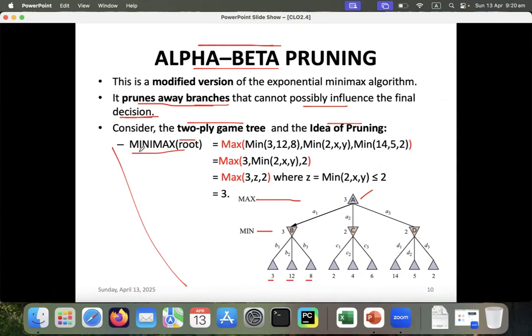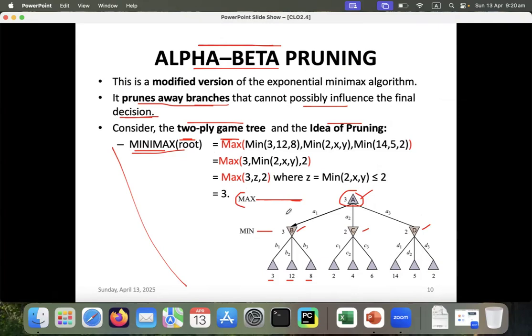So here we are writing minimax, and this is the root. We are passing this root into it. And what will happen is that according to the minimax algorithm, this has the max, so we are writing max here. Max will give us the maximum number. And then you have the first node, second, and third node.